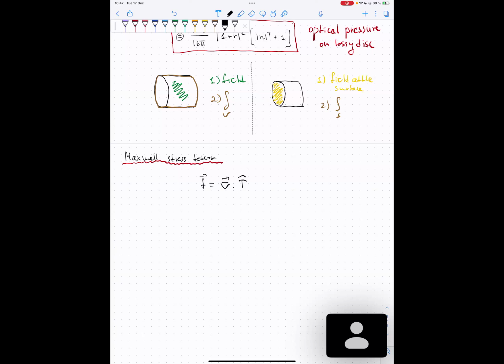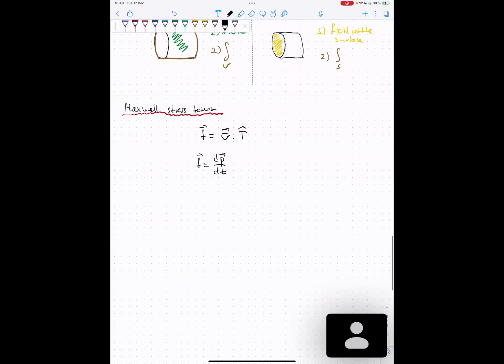I think you can say that it's something like the flux of the electromagnetic momentum, because we can write that the force is dp over dt. We can see that basically we have something like this, which is basically the continuity equation for electromagnetic momentum.